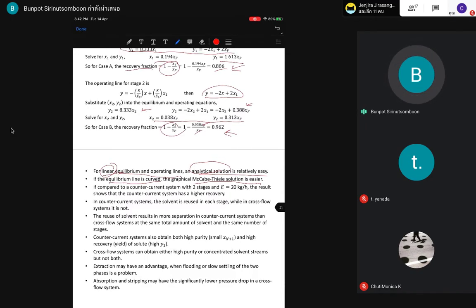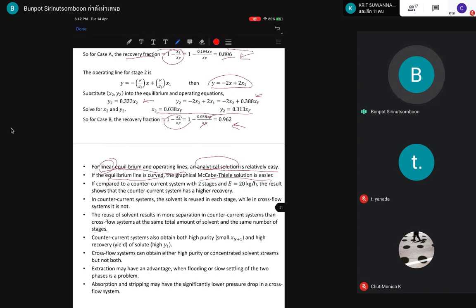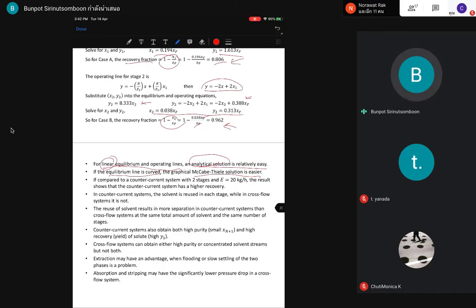If you compare the results of cross flow with counter current, the counter current is going to have a higher recovery. This is because in counter current you only have one inlet of solvent, and the solvent is reused in each stage.